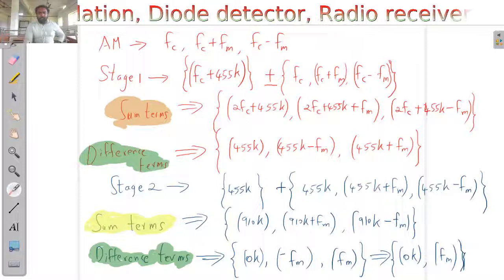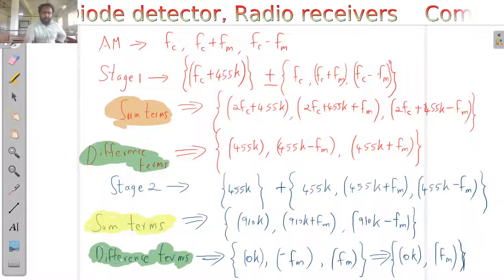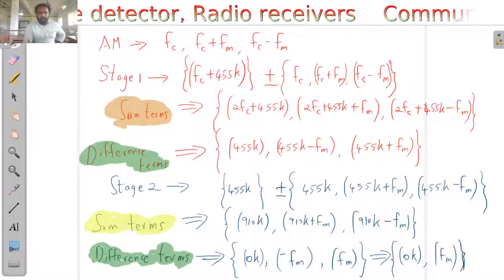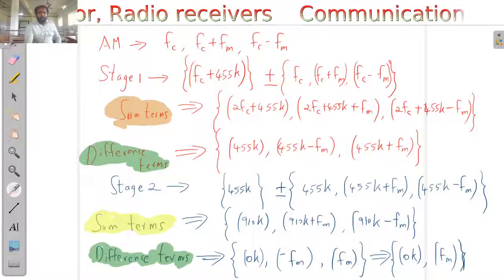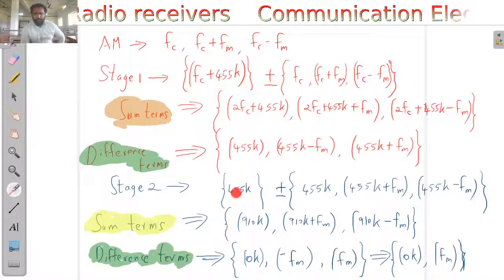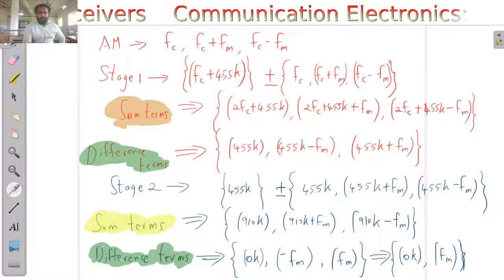These terms will be added. So I can write this as 455K plus or minus Fm. So the stage 2 output will contain sum terms as well as difference terms, similar to stage 1.